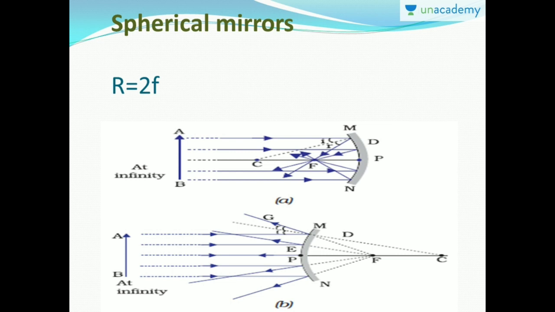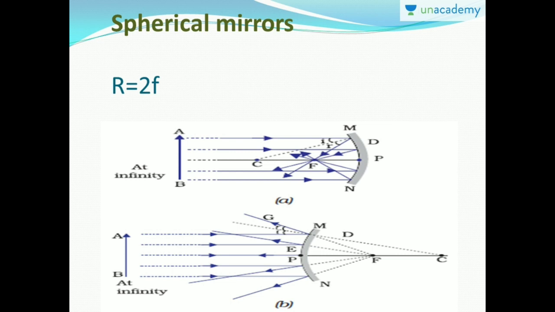F is the focus of the mirror, and the distance between the focus and the pole of the mirror is known as focal length. The distance between the pole and the center of curvature is known as the radius of curvature of this mirror.